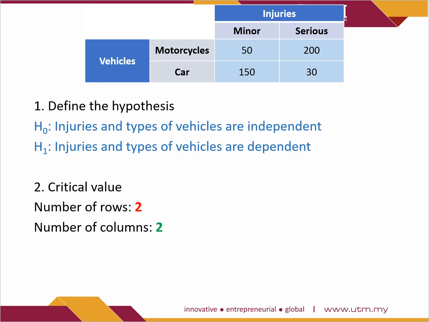Next, we want to find the critical value. The number of rows is 2, and the number of columns is also 2. So the degree of freedom would be the number of rows minus 1 multiplied by the number of columns minus 1, so 1 times 1 is equal to 1.